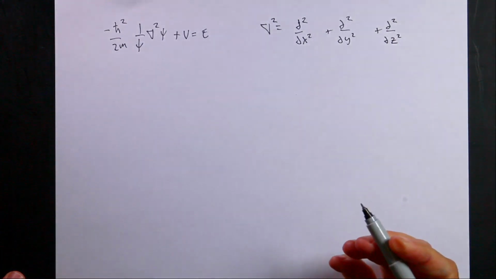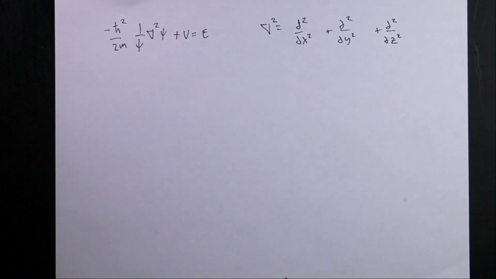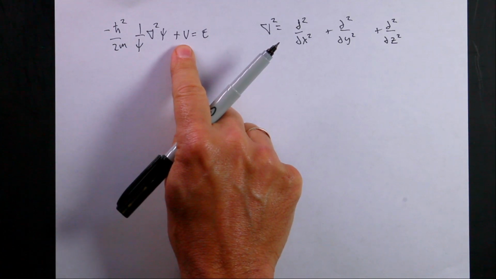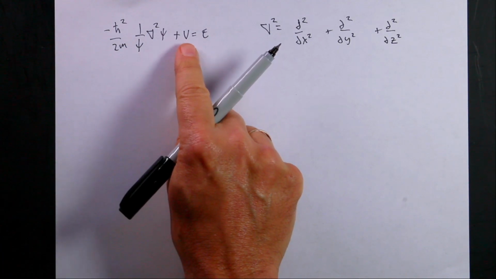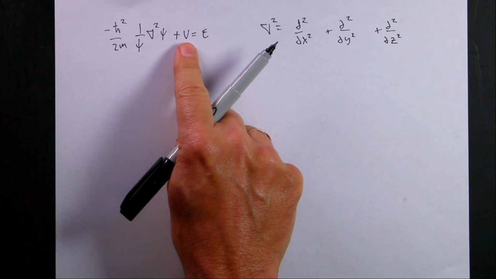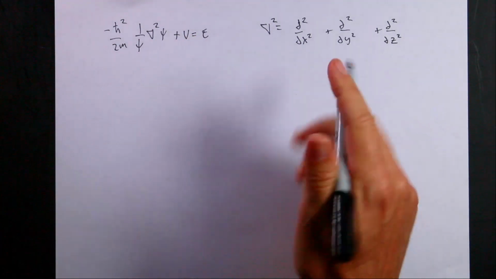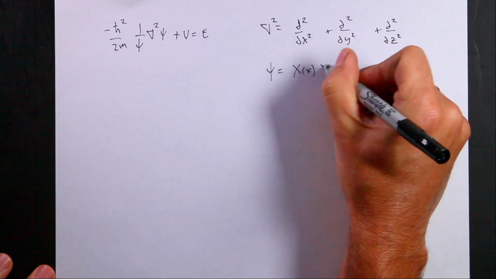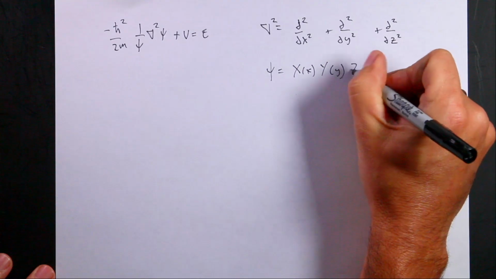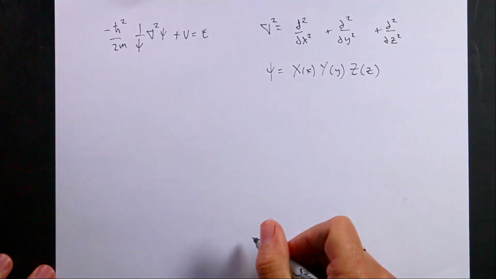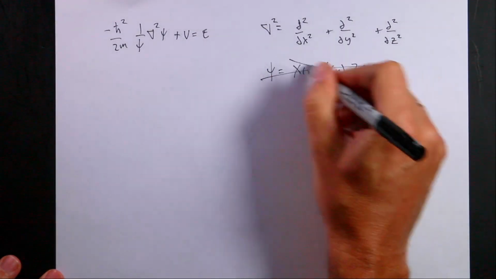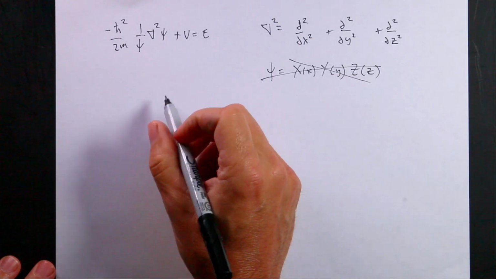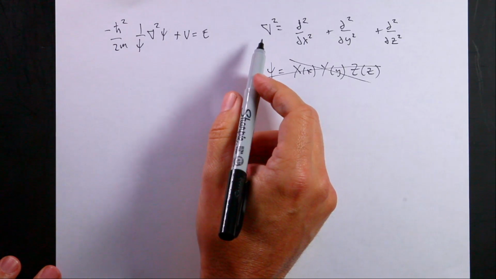But if my potential depends on just r, this won't be able to be separated if I do it with x, y, and z. If you have a zero potential for a particle in a box, then I can say psi is some function of x times some function of y times some function of z, and you can separate everything out. But we can't do that here because the V term would have all those x, y, and z in there.